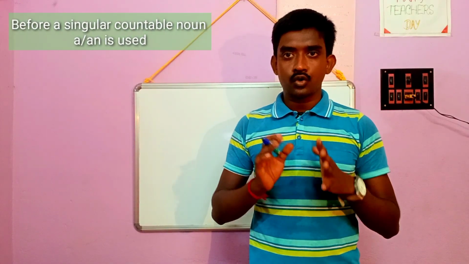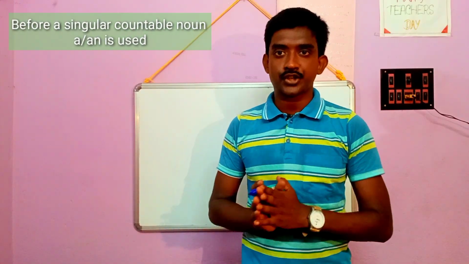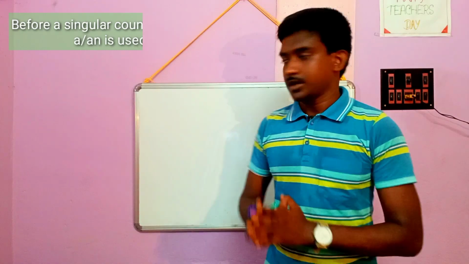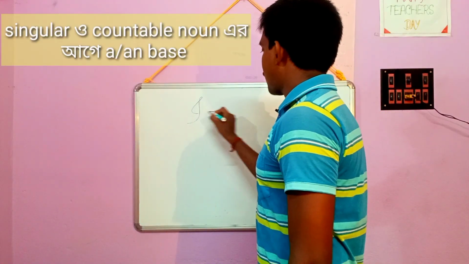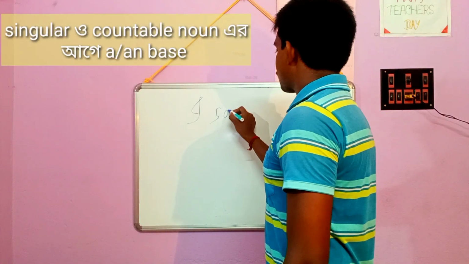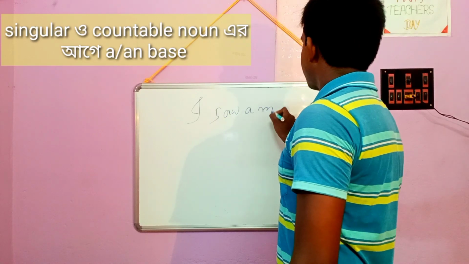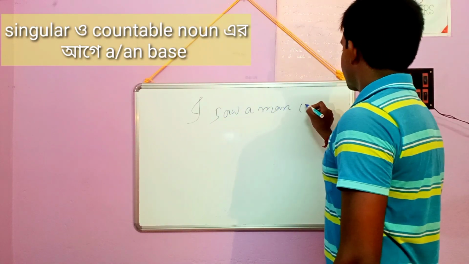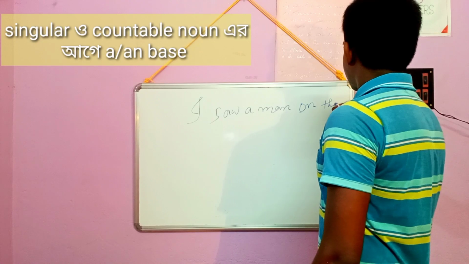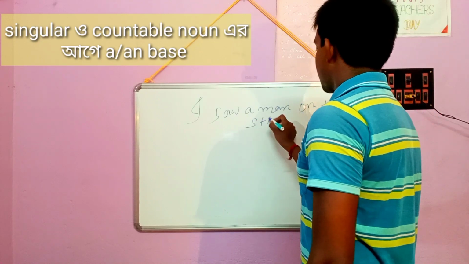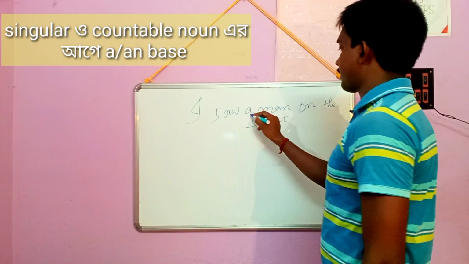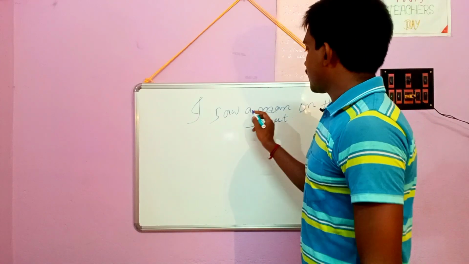Before a singular countable noun about which or about whom we are speaking for the first time, a or an is used. Like, I saw a man on the street. Here we are speaking of a man for the first time, so we are using a.